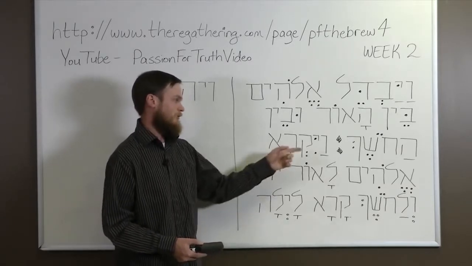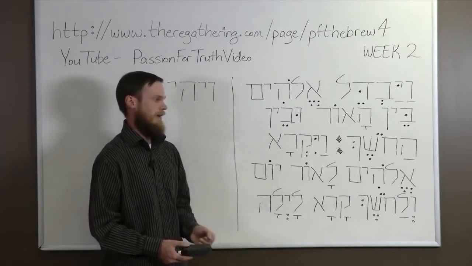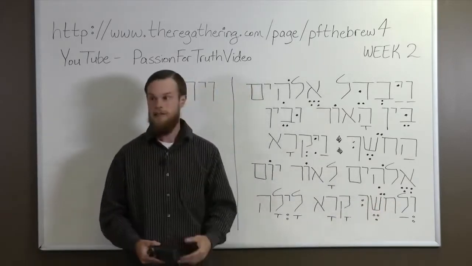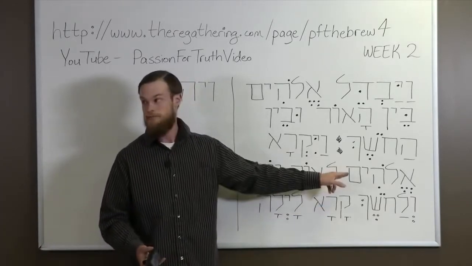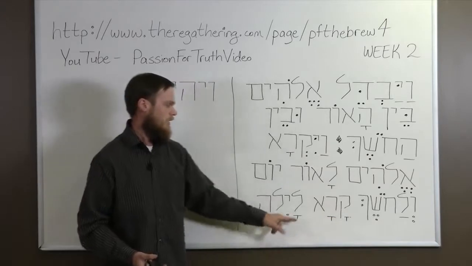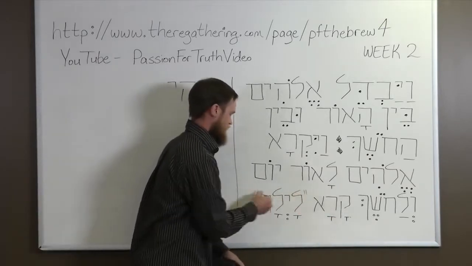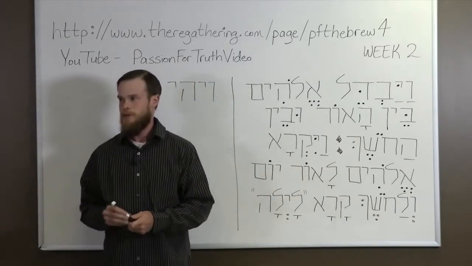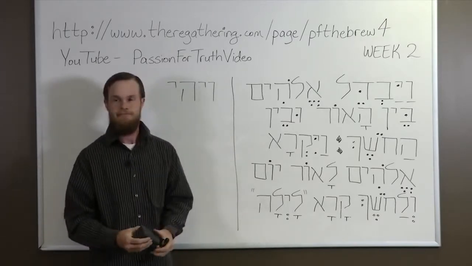Right. So vayiqra Elohim, so and God called to the light day, and to the darkness, qara, he called. Our subject is still the same, it's still Elohim. And now we have another few invisible quotation marks. Okay, layla, which means night. So he called the light day, and he called the darkness night.